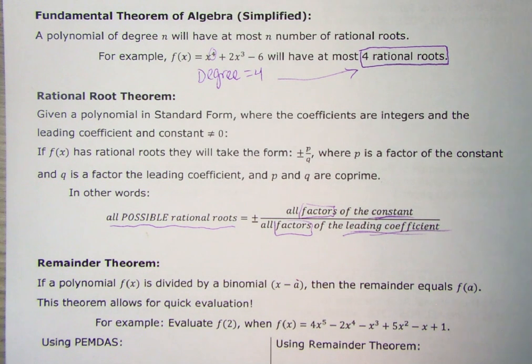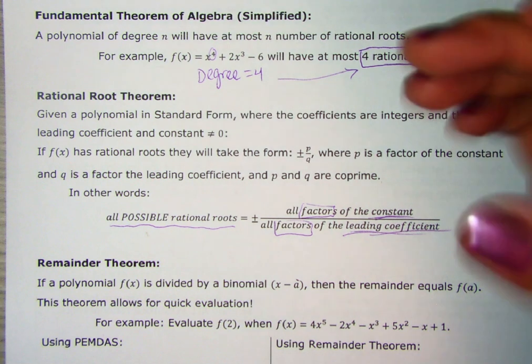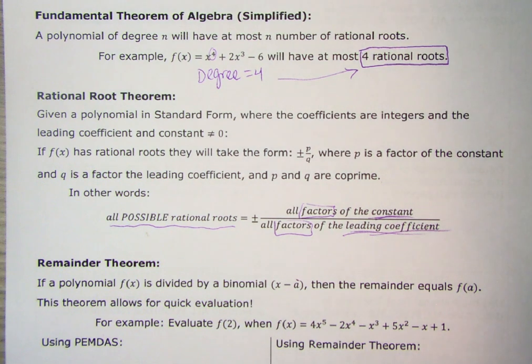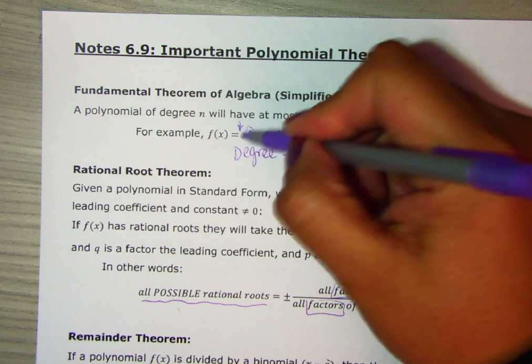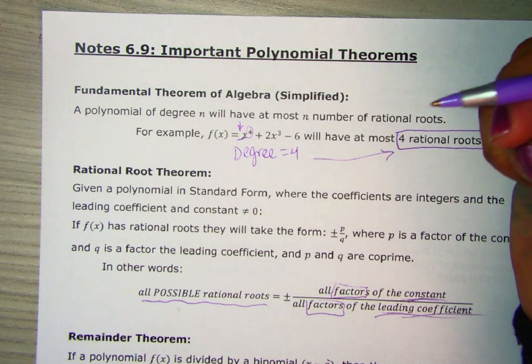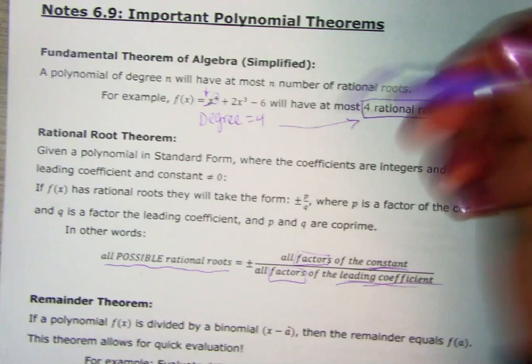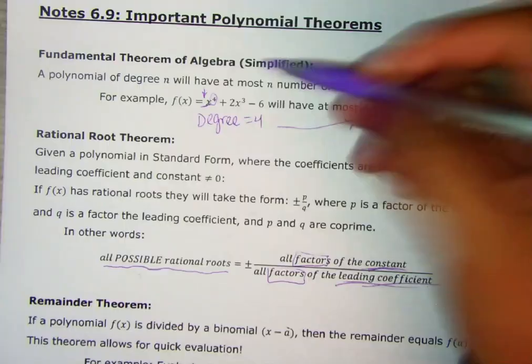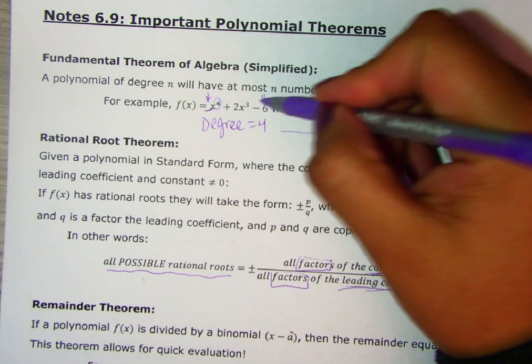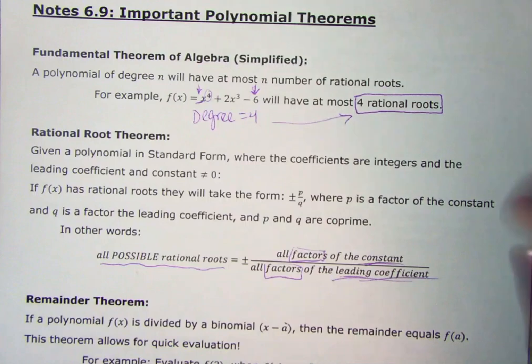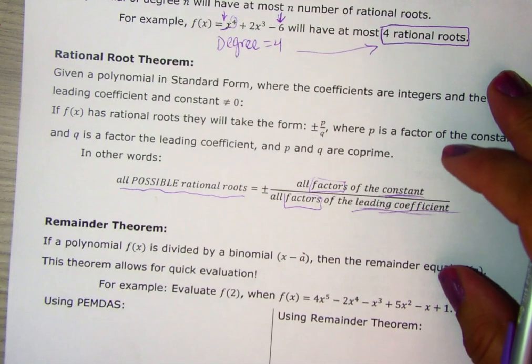So you've got to look at your polynomial and identify the leading coefficient, which is the very front of a polynomial function, and then the constant, which is the last number by itself without variables. So I'll show a couple of examples with that.